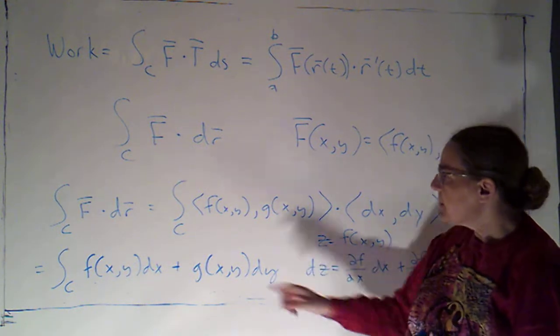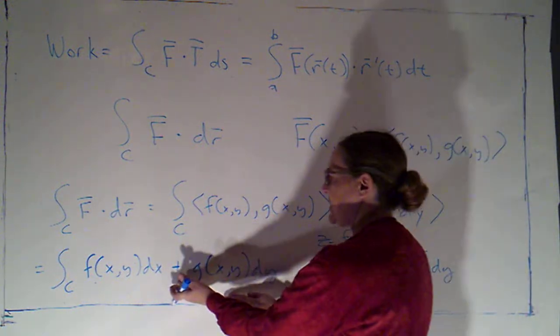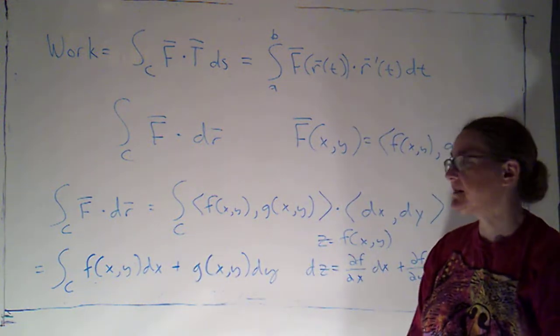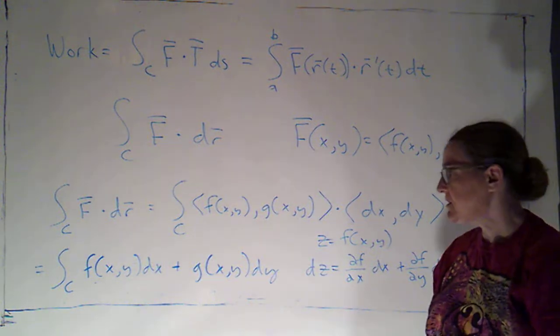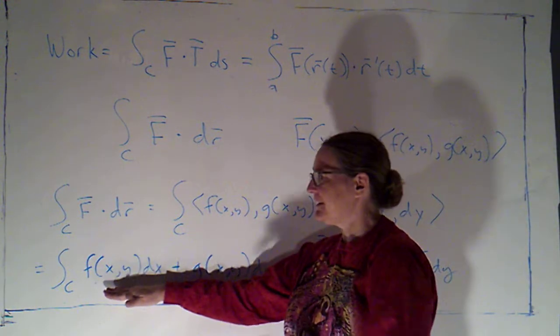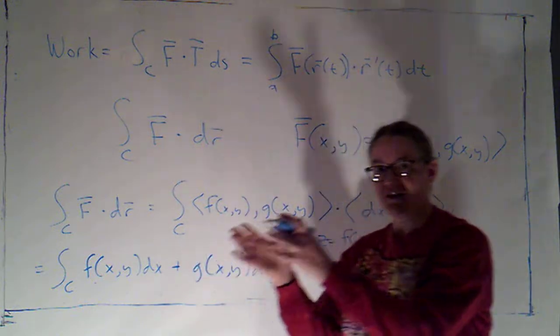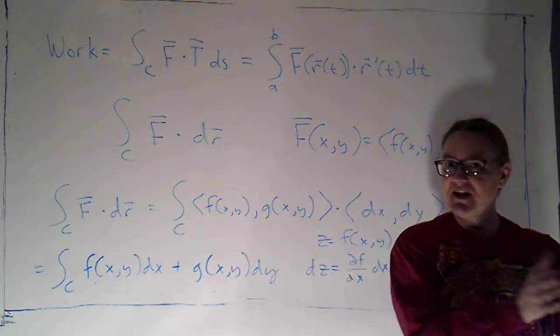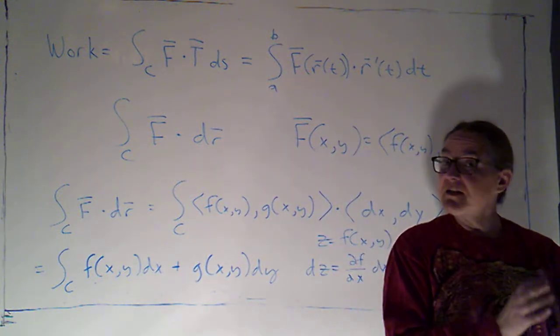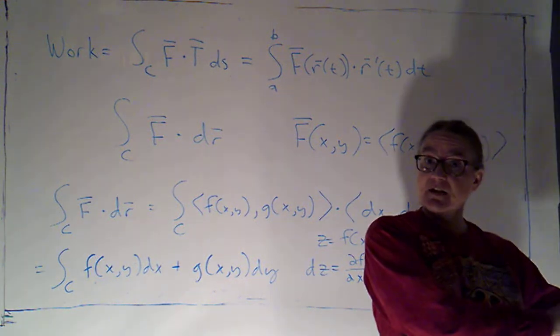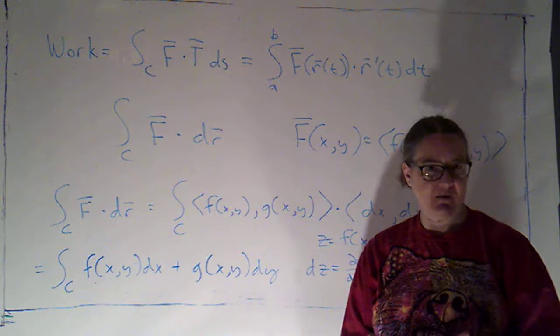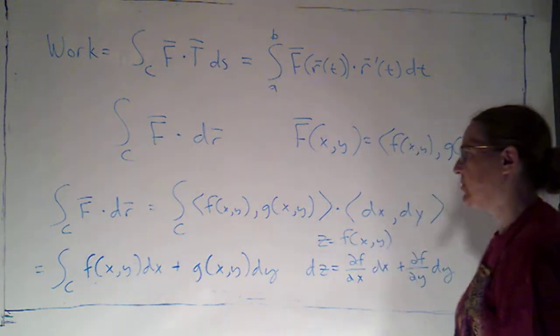So there are some contexts where this notation really does lend itself to what we want. Those of you who are in differential equations will recognize that something that looks like this, a function times dx plus a function times dy, comes up when we studied exact differential equations. If we had something like that set equal to 0, we could check whether it was an exact differential equation.